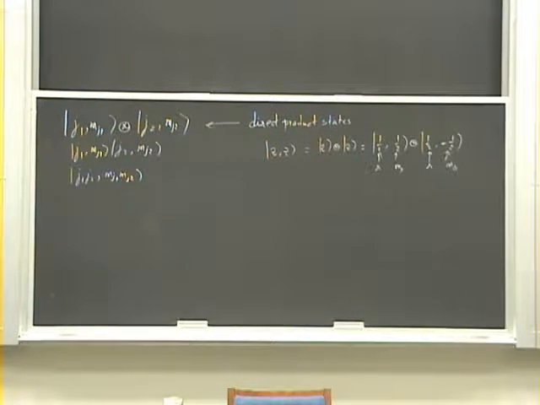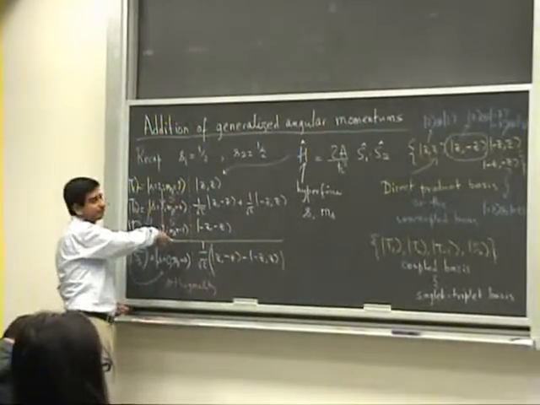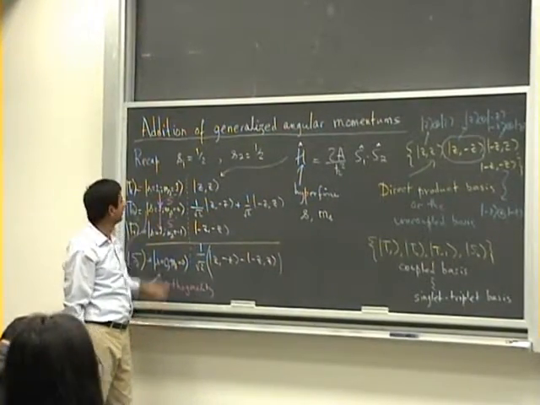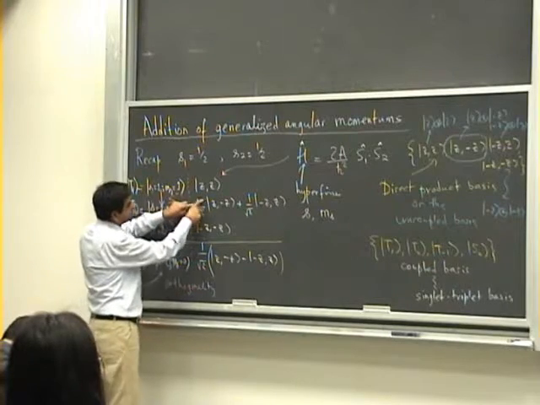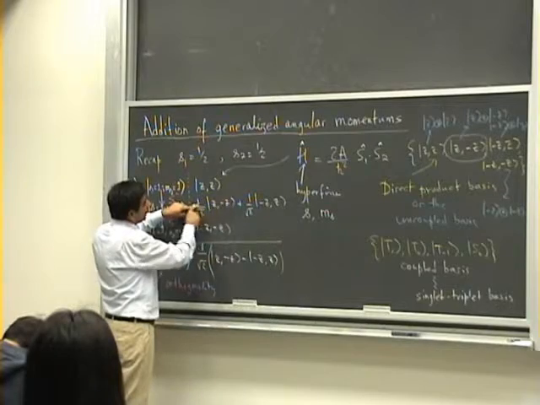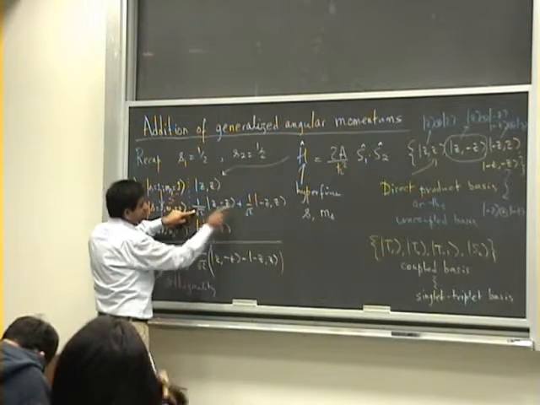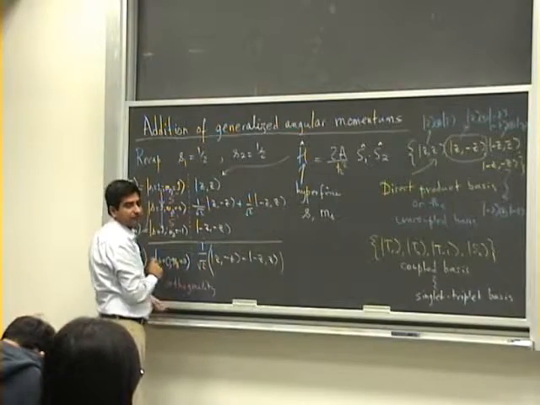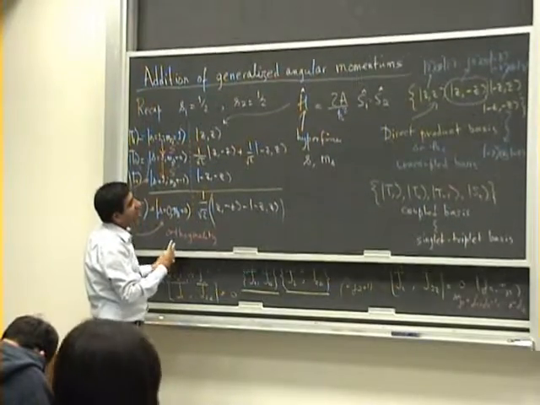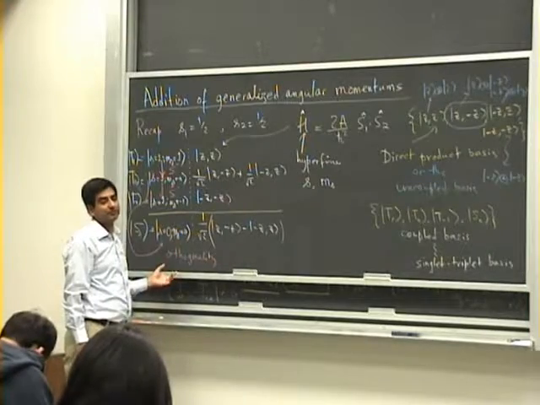What we've done here is that we have chosen a coupled basis and expressed this in terms of the uncoupled basis states. Okay? There are certain coefficients which are prepended to the direct product states to be this state. Okay? So how do we find out these coefficients? In other words, how would we like to find the total angular momentum states? Because these states are eigenstates of the total angular momentum.